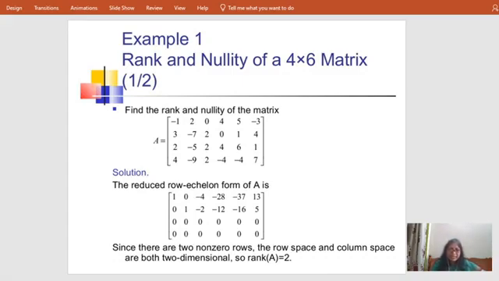That means the number of elements in the basis of the row space of the given 4 by 6 matrix will be 2. Because there are 2 elements in the basis of the row space, we say that the rank of the given matrix is 2.